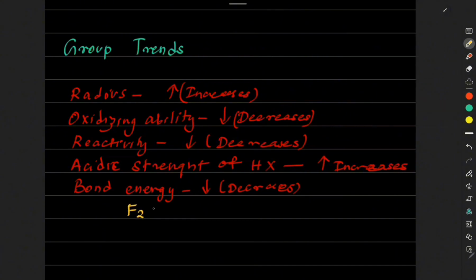Then come Br2, I2, At2. This is the variation in bond energy. F2 is the exception.